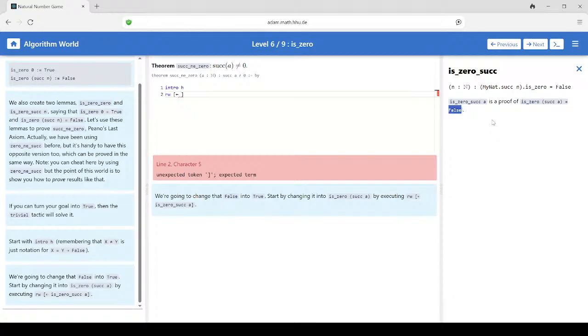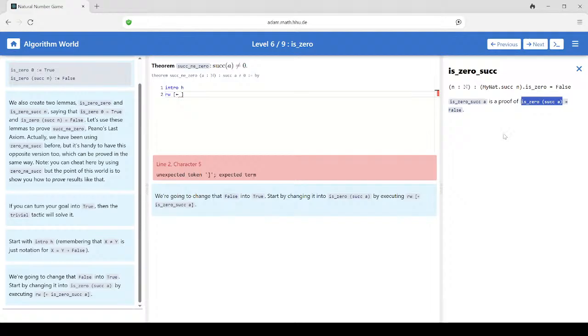Like if I had the statement, I don't know, pigs fly implies false, and then I used this, I could change do pigs fly into 0 equals a successor.